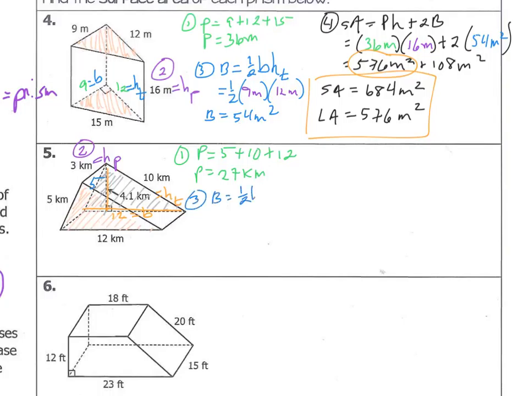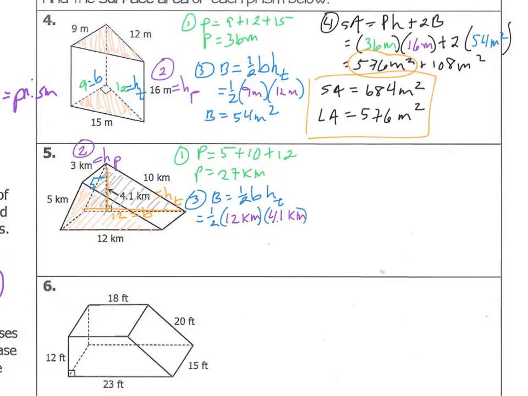Formula for big B is 1/2 base of the triangle times the height of the triangle. So plug in your values. So my base is 12 kilometers. My height is 4.1 kilometers.